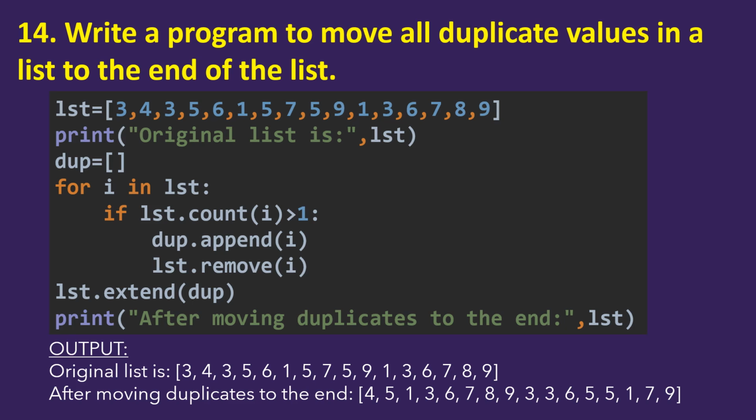Then your duplicate entries are there, like 3 again 2 times, then 6 one more time, so another 6. Then 5 again, 2 more 5s are there, which are printed at the last. So your first entries will be the unique entries and the duplicate values of those elements will be printed at the end of the list.